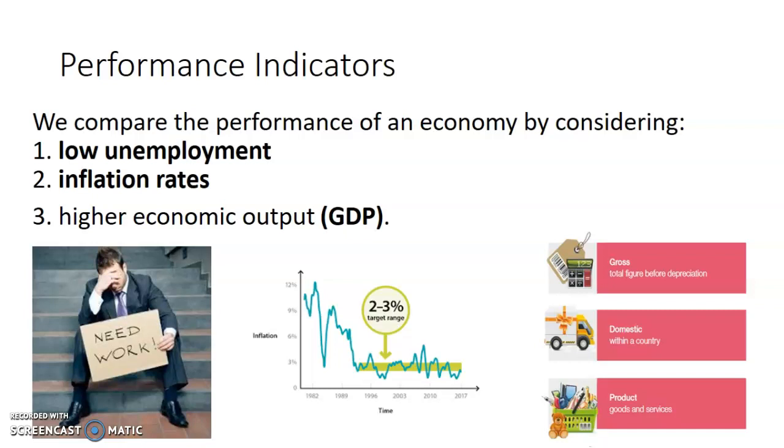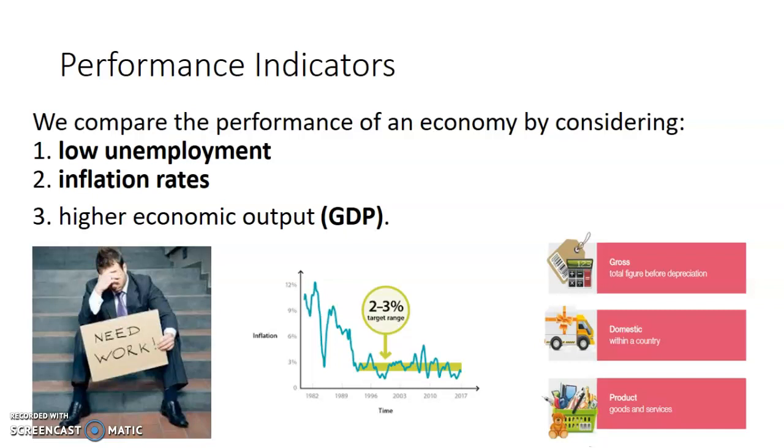Now again, this is something, if you're interested, in what each of the words means. Gross domestic product: gross is the total figure before depreciation. So gross is actually the total amount of the items, for example, all the items produced.